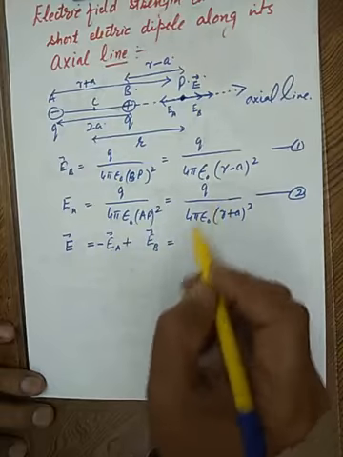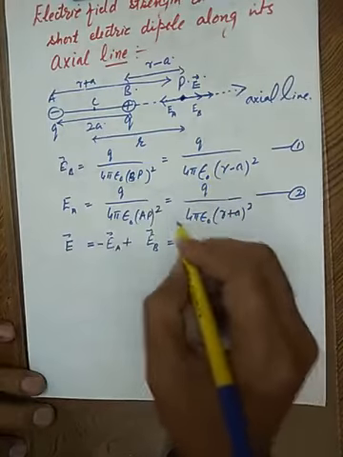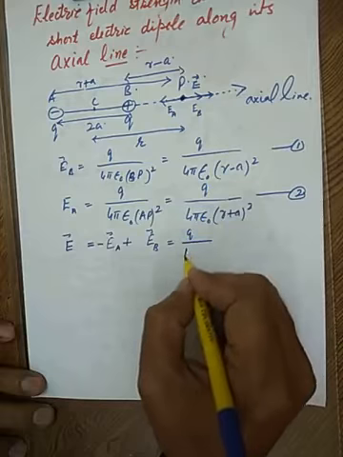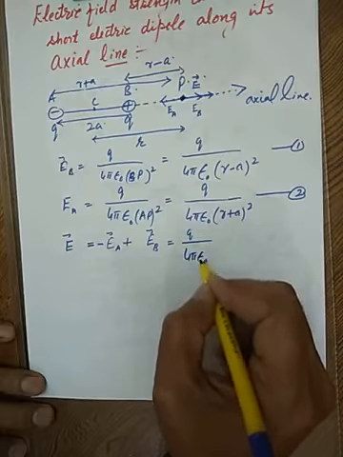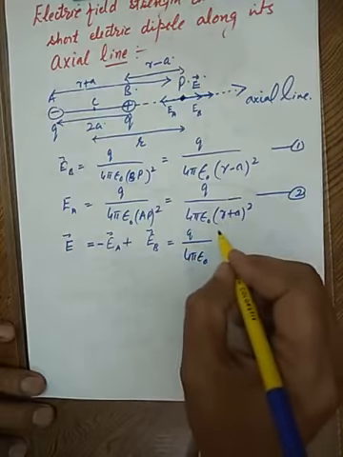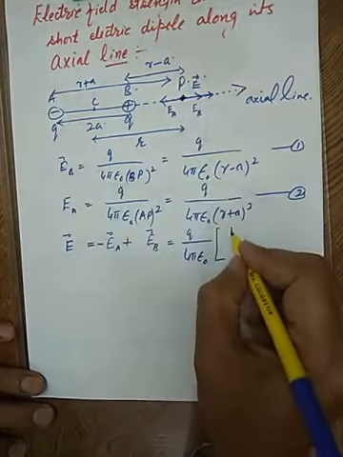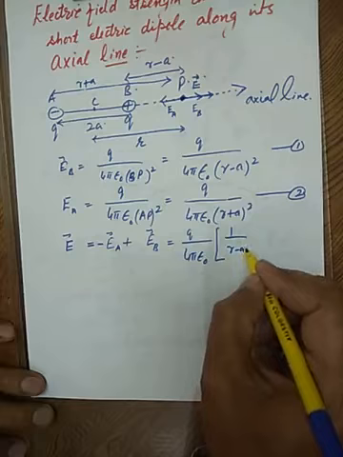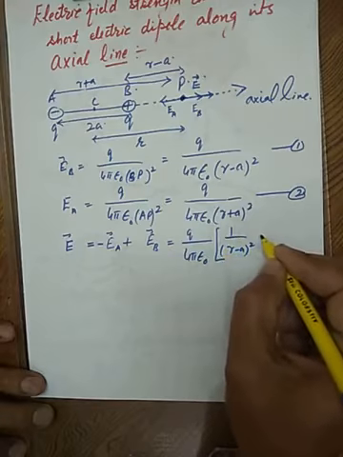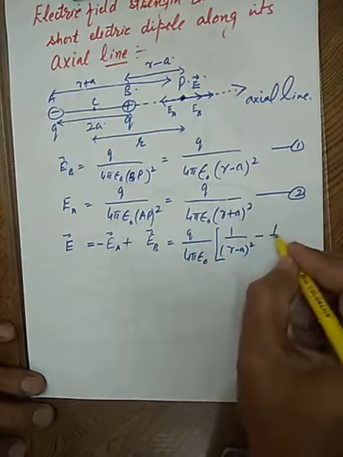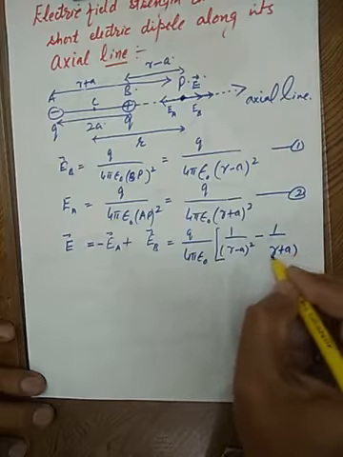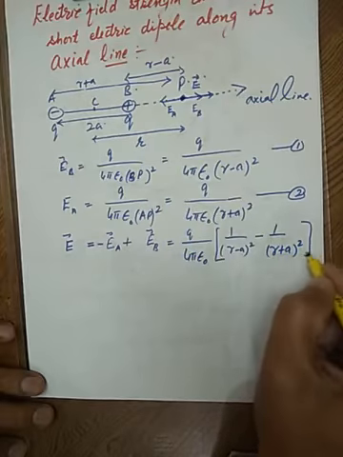When we put the values of both in this equation, q upon 4 pi epsilon naught is taken common, and we get 1 upon (r minus a) whole squared minus 1 upon (r plus a) whole squared.